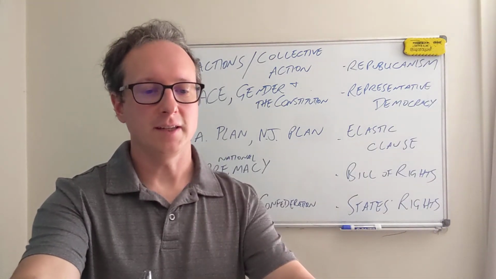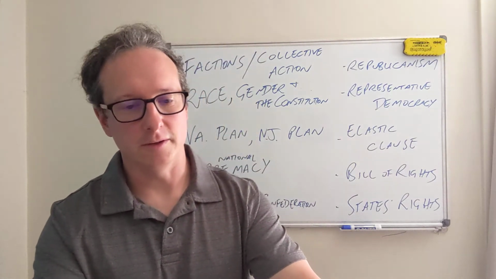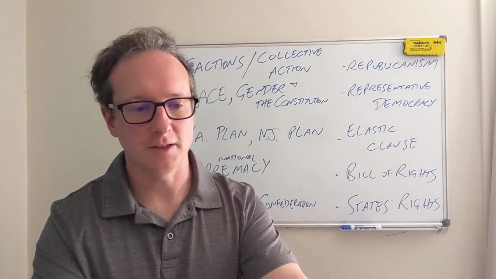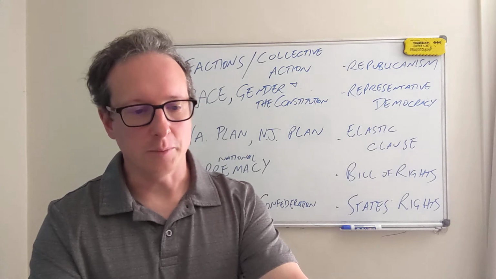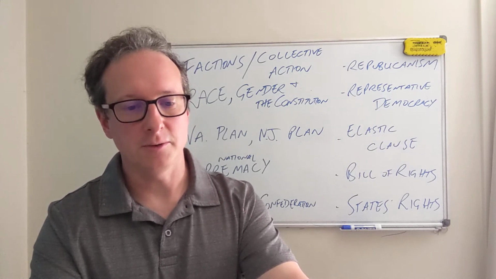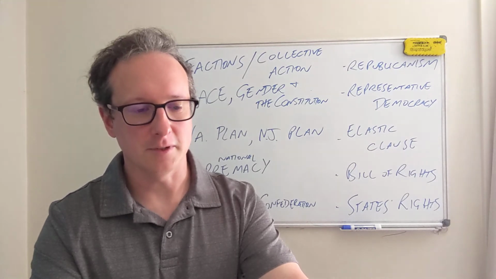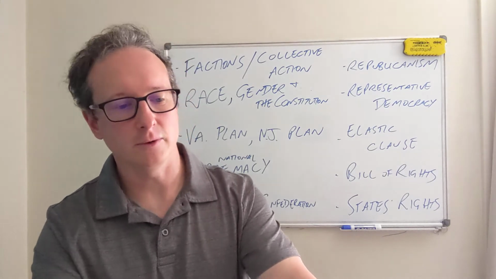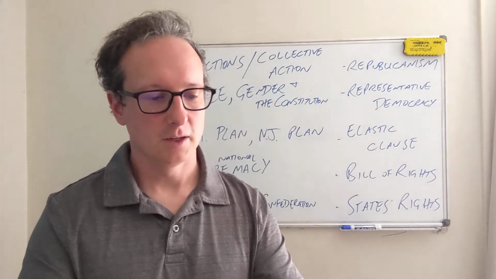And one of the things that had to take place, in addition to all the long list of things they had to resolve, was this idea of national supremacy. Because as it was, any state could really torpedo anything that the U.S. was doing from the time that it declared war against Great Britain and declared independence, 1774, all the way to 1786, really.